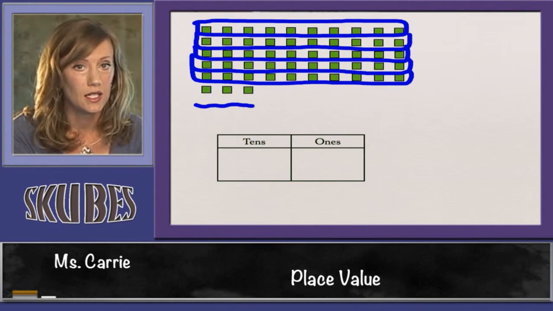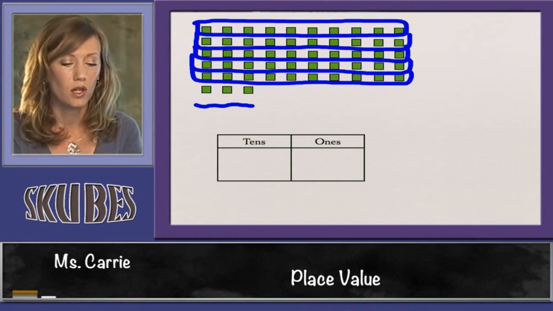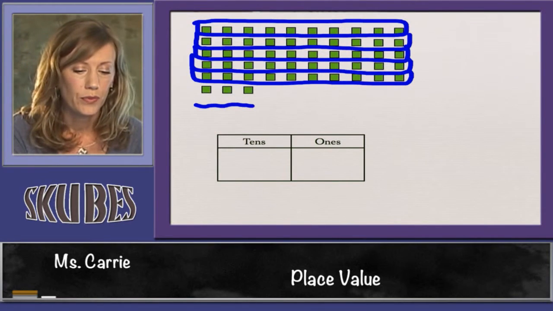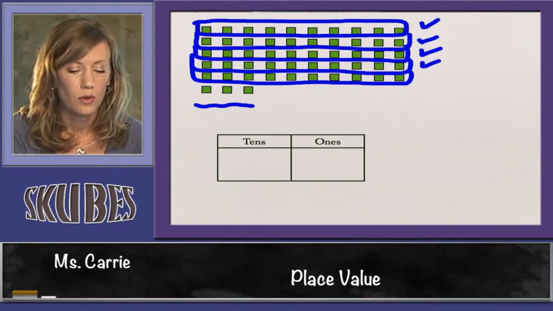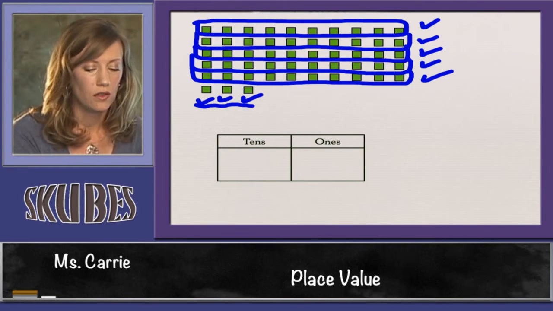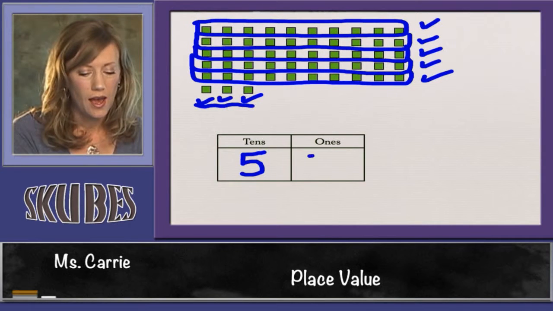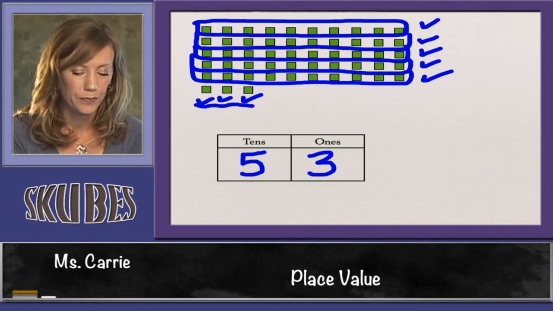There need to be exactly 10 for you to circle it. So those are going to be our extra ones left over. Let's count and see what we have. We have 10, 20, 30, 40, 50, 51, 52, 53. We had 5 groups of 10, and we had 3 ones left over, so our number would be 53.